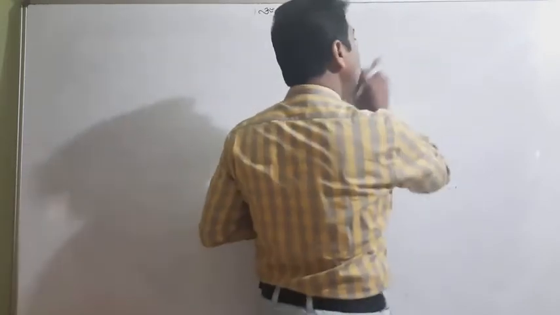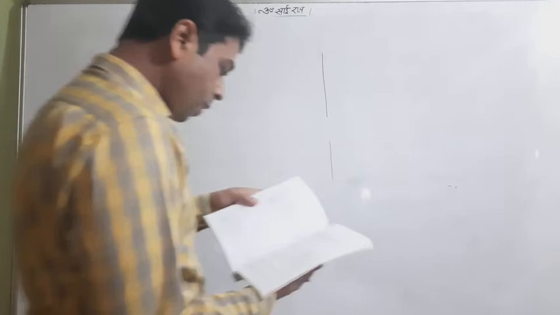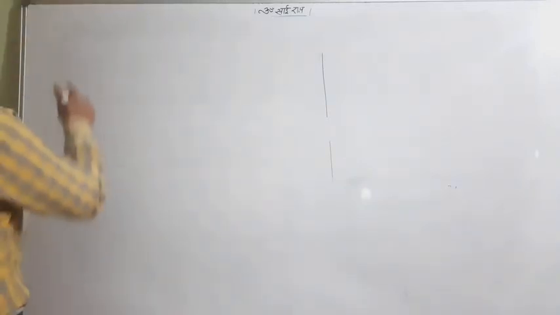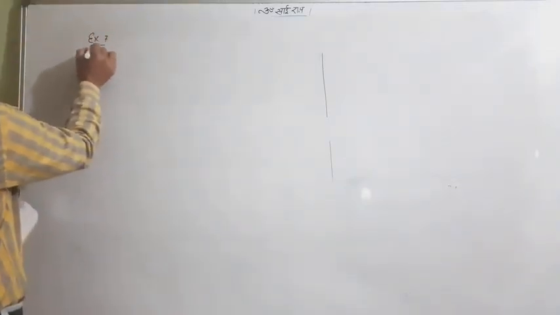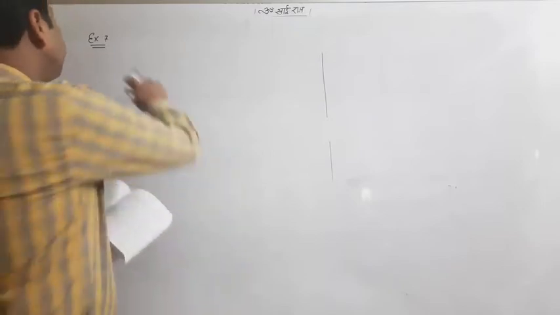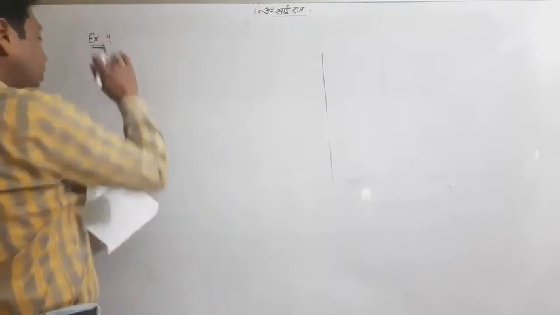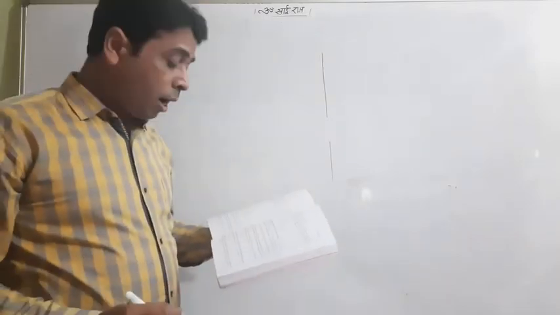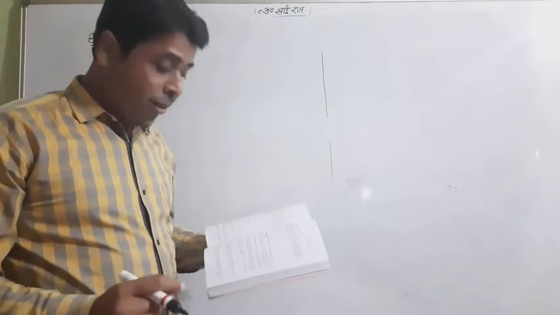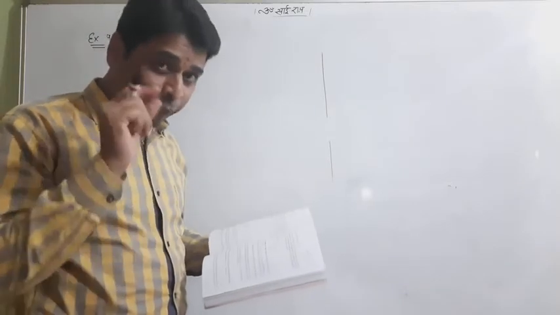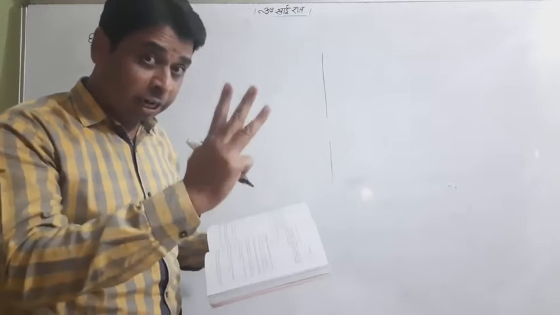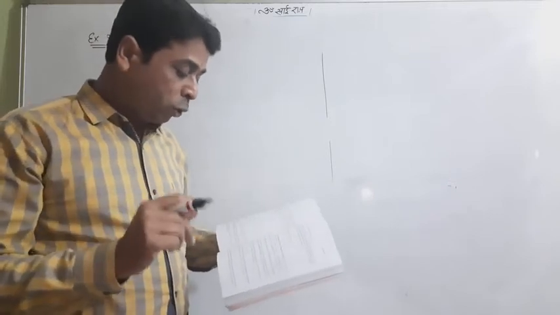Okay. Now we have a question, example number 9. What does the question say? 3 cards are drawn successively without replacement. Again, focus, without replacement has come, and 3 cards there, from a pack of 52 cards.